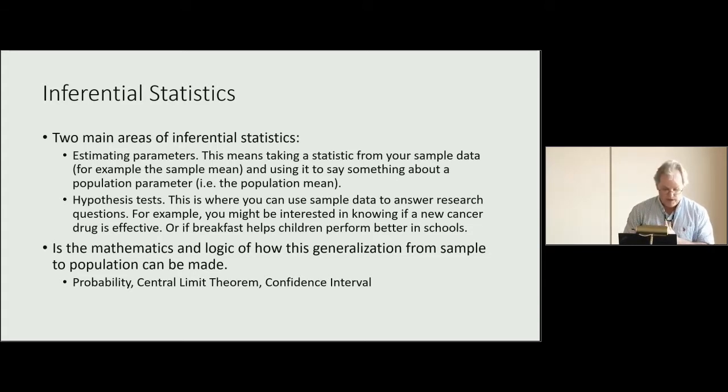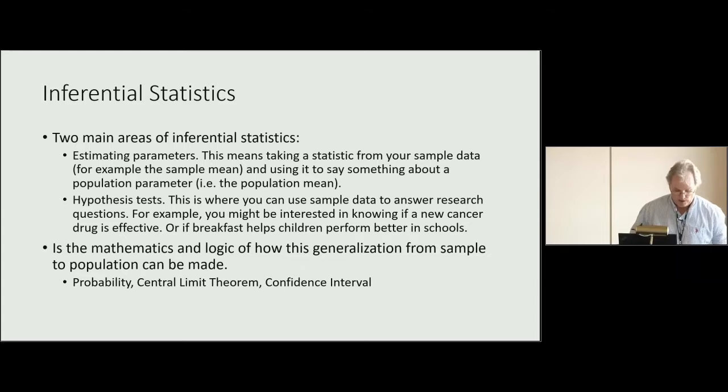So the hypothesis test, this is where you use the sample data to answer research questions. You might be interested in knowing if a new cancer drug is effective or if breakfast helps children perform better in school. So it's one thing to describe the sample, it's another to make claims from that data about the population, which is really what we want. So inferential statistics is the mathematics and logic of how this generalization from sample to population is made.